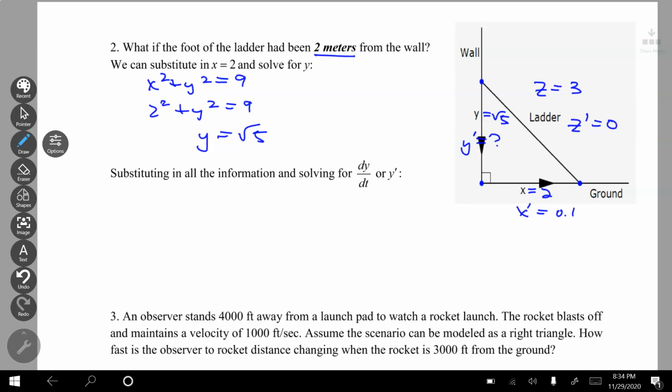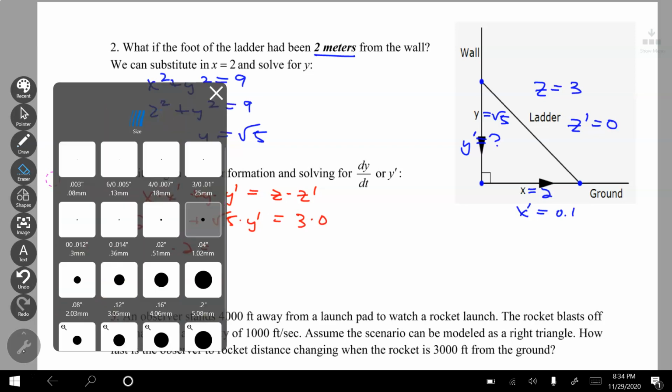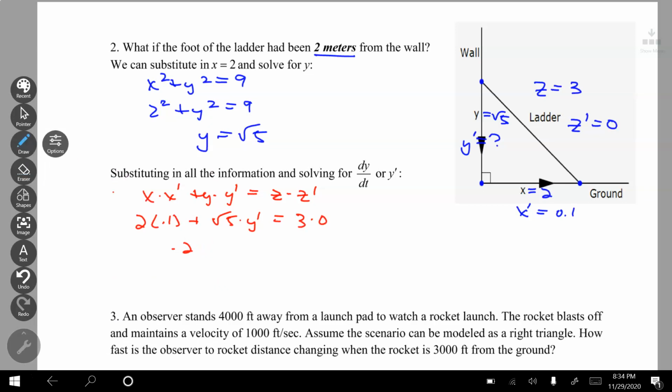That is unknown. So going back to x times x prime plus y times y prime is equal to z times z prime. I get 2 times 0.1 plus square root of 5 times y prime is equal to 3 times 0. And I get 0.2 plus square root of 5 y prime is equal to 0.